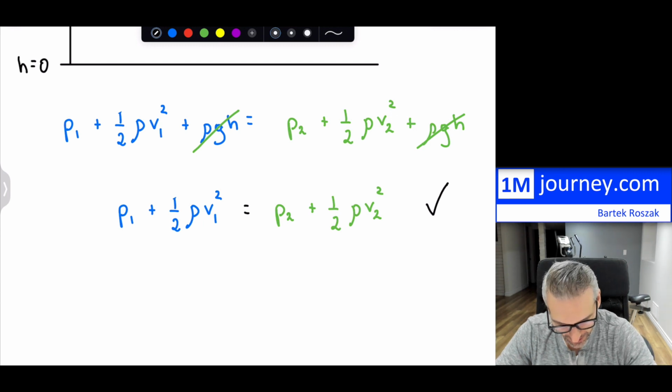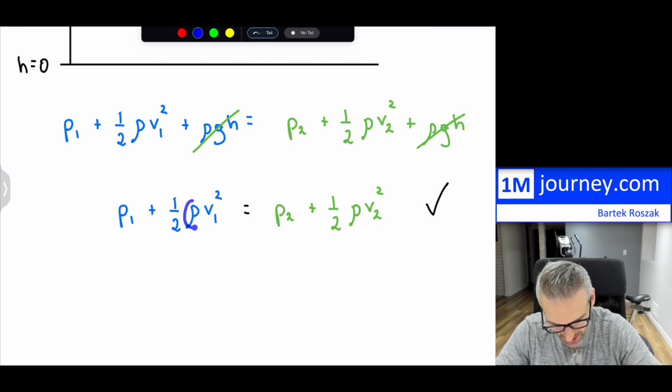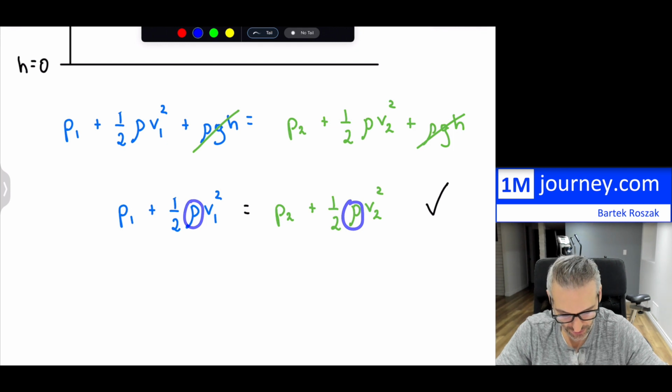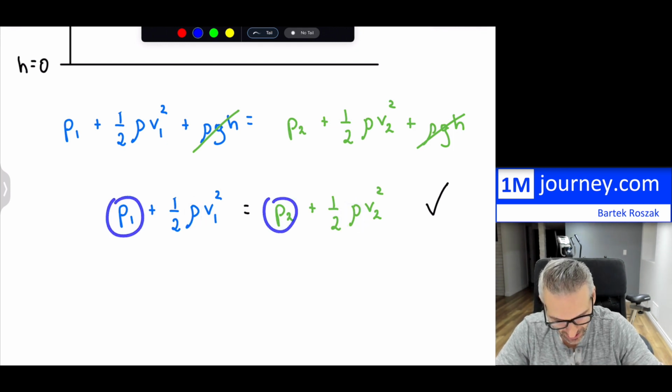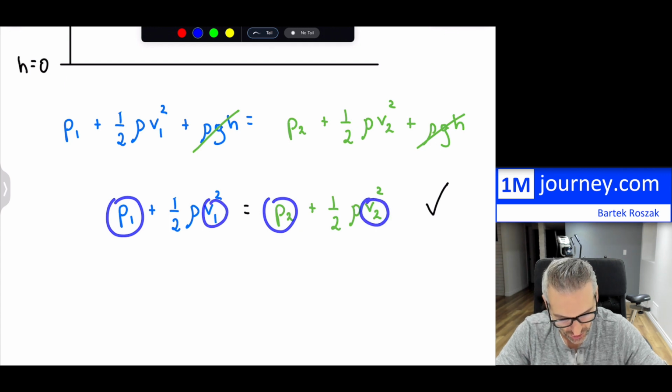So within here, you can very clearly see that the densities are the same, right? It's the same fluid. So the only things that can change are pressures and speeds. Those are the only two.